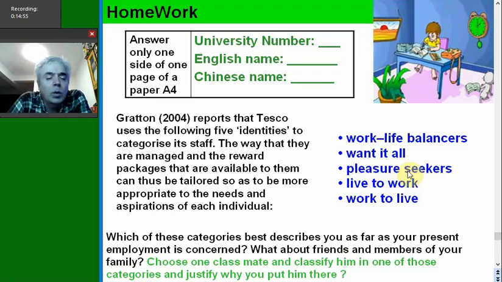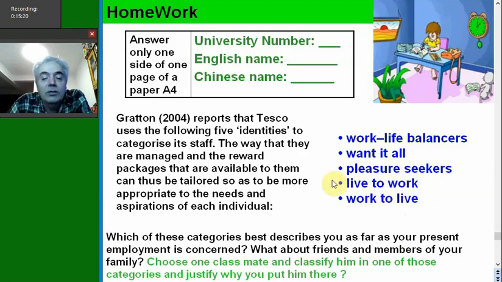Some people work one semester. As soon as they get enough money, they start traveling. When the money finishes, they stop and start working again, because they're kind of pleasure seekers. They want to travel. They don't want to work, but they work because this is the way to fund their activity, right? Life to work, right? A lot of people don't even take vacations, or they work to live, right?